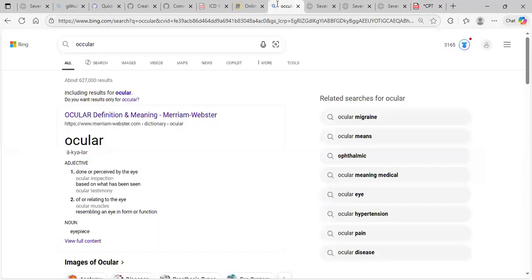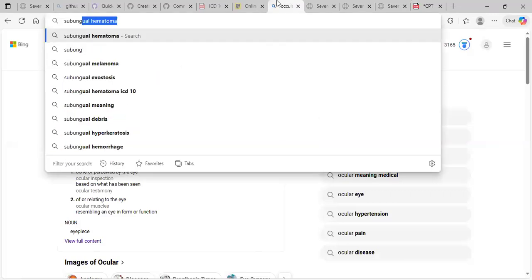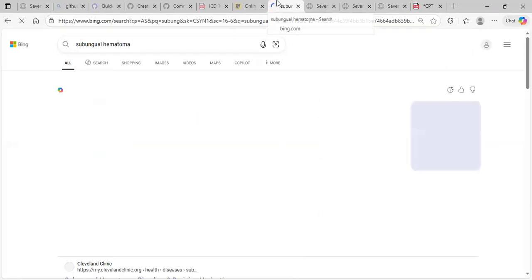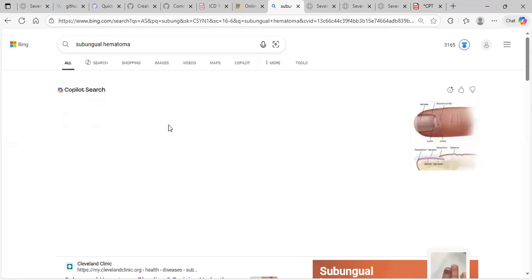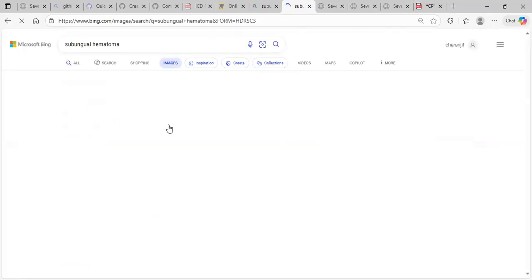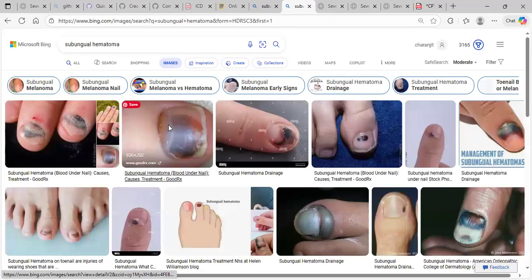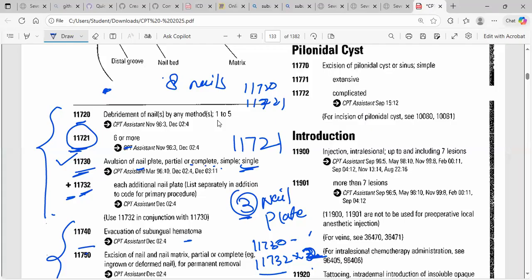Let me show you the image of subungual hematoma. So if the patient is coming for the evacuation of subungual hematoma, we are going to use 11740.